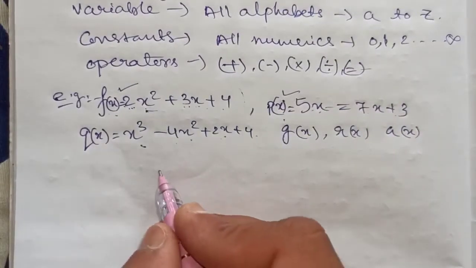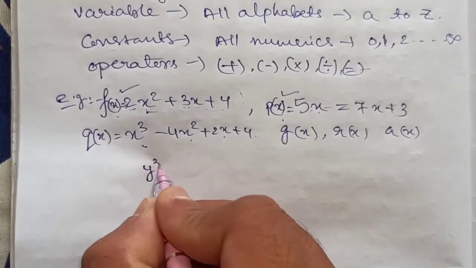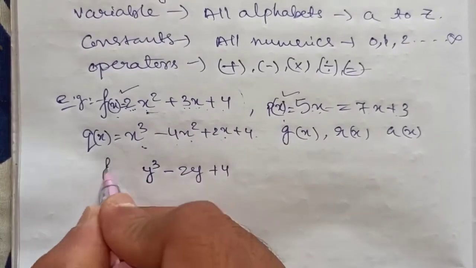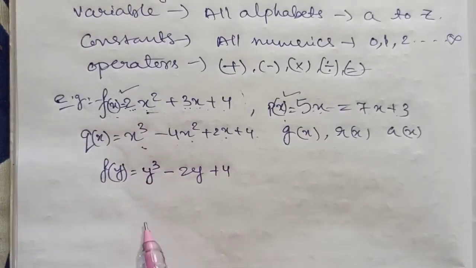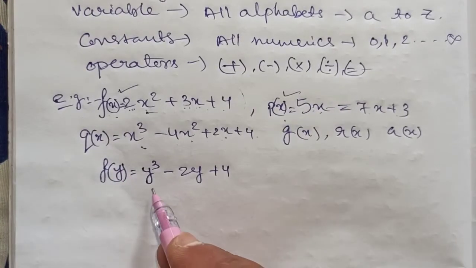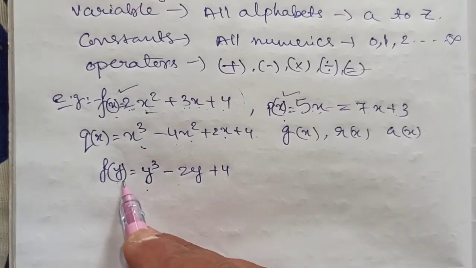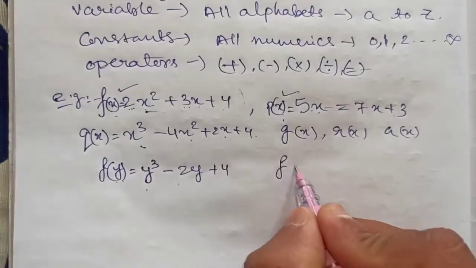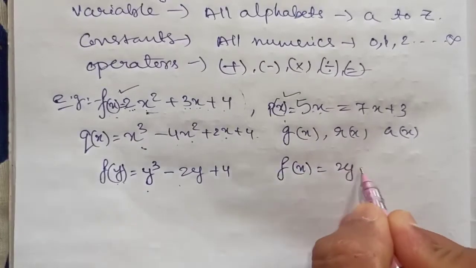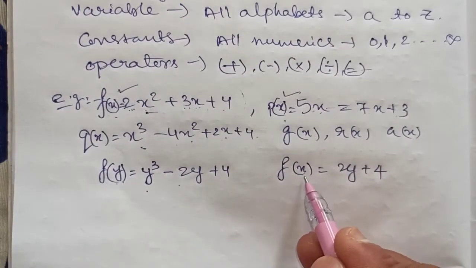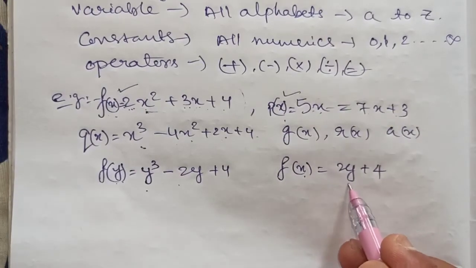But remember, if the equation is given in a different variable, suppose y, then you have to write f of y. Whichever variable is represented in the equation, that variable should be written inside the bracket. You should never write a polynomial like this. Is it correct? No, because I have written f of x and in the equation I am getting y.